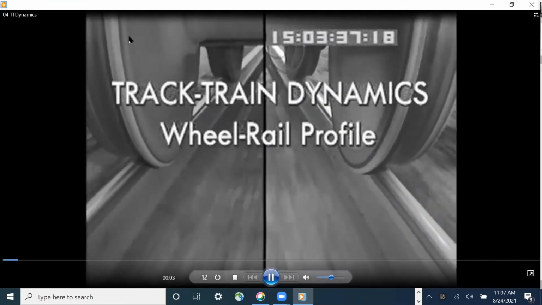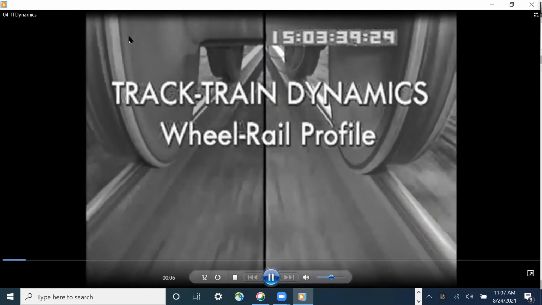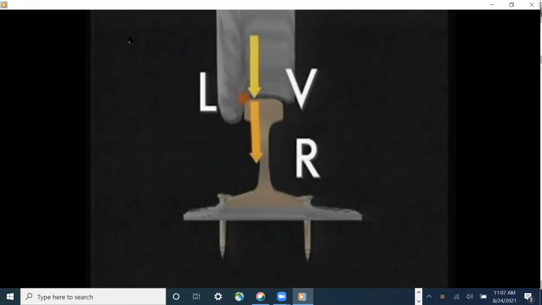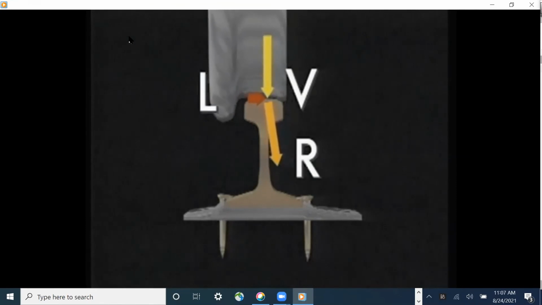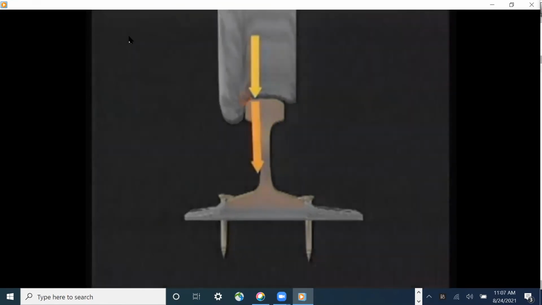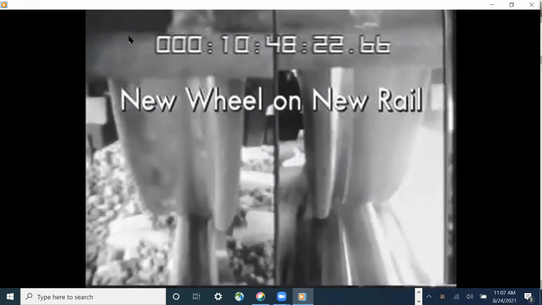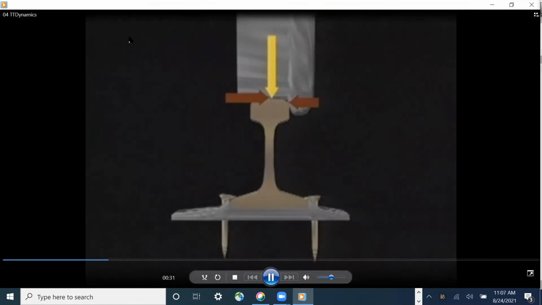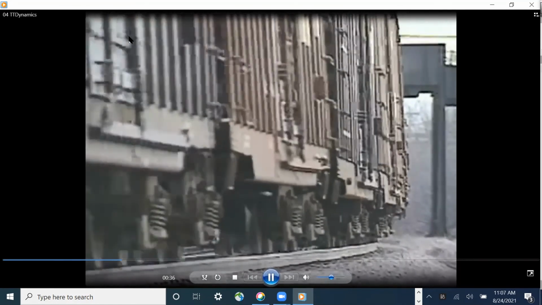The wheel-rail profile can also determine whether an L over V ratio is acceptable, since the wheel-rail contact point determines the position of the resultant of lateral and vertical forces. With a new wheel on new rail on tangent track, the point of contact positions the point of loading over the center line of the rail, and flange contact is induced only by lateral forces, except in curves over 2 degrees, where flange contact is normal.